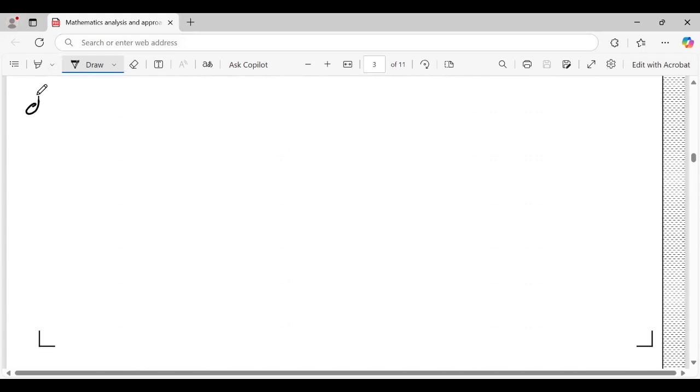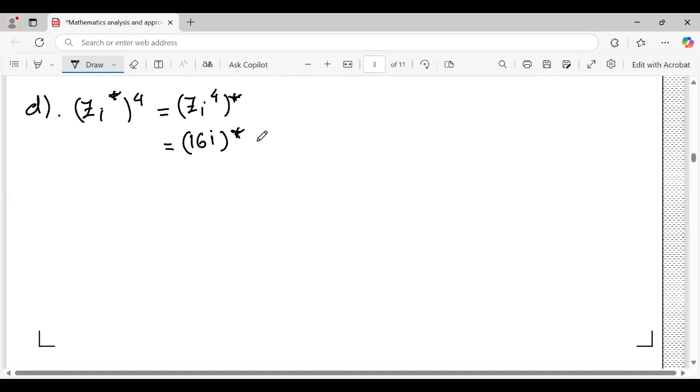The key idea is the conjugate. Okay, the conjugate of Zi to the power 4 equals Zi to the power 4 conjugate, and it equals 16I conjugate, because Zi to the power 4 equals 16I. If conjugate, it means it is minus 16I.